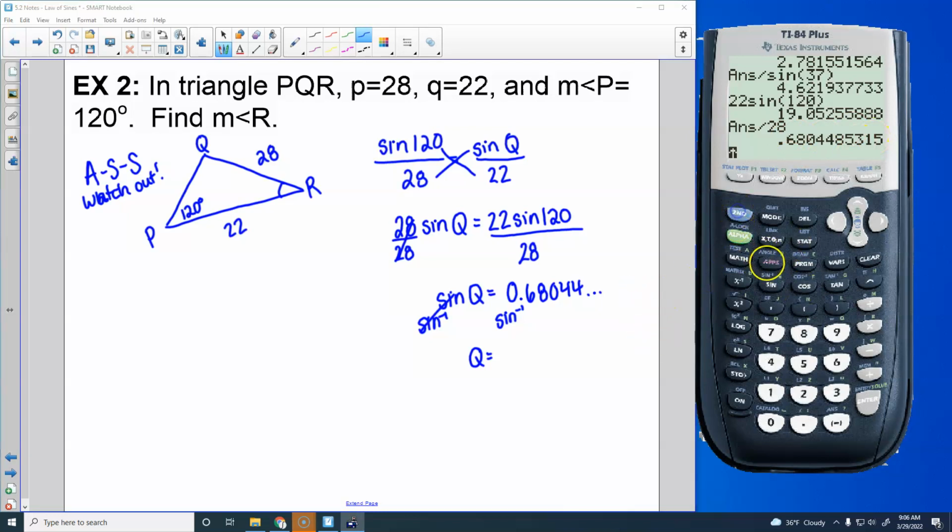If you do inverse sine, and then second and the negative key right there, it's going to say answer, which means it's going to take the answer from the line before. That way you don't have to copy and paste it. Plus it keeps more decimals, so it'll be even more accurate. So we're going to get 42.879 if we round to 3 places there.